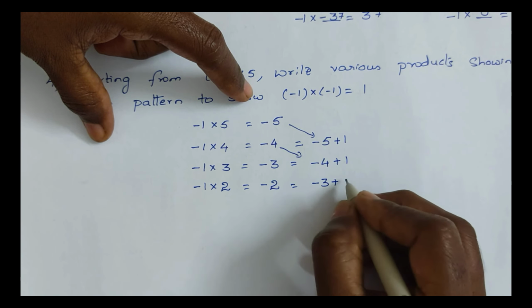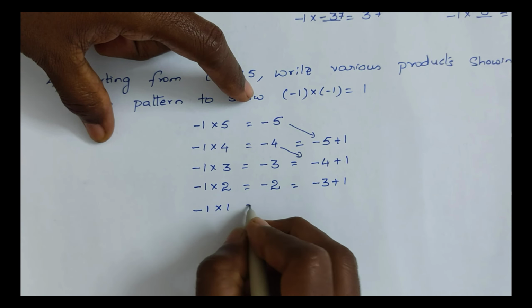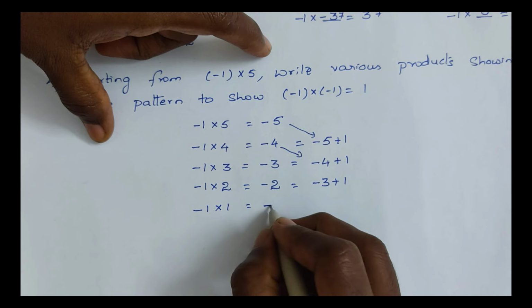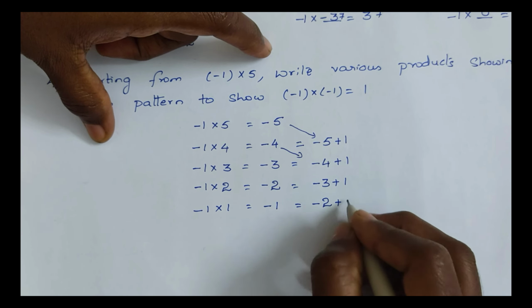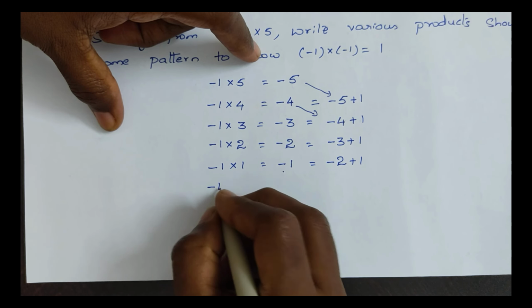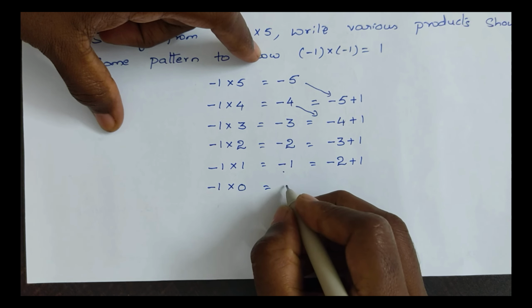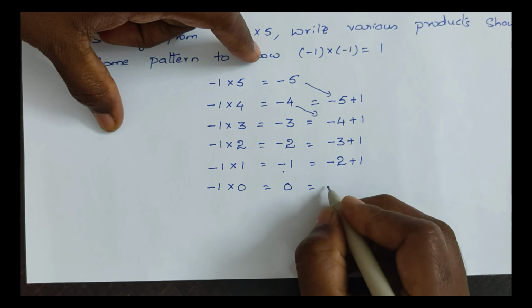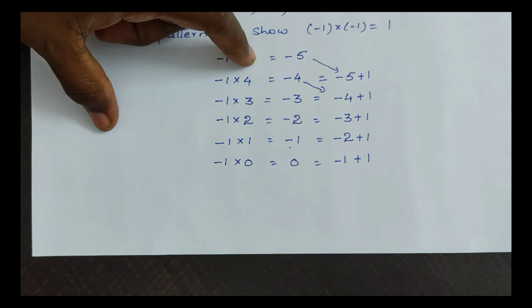Minus 3 plus 1. Next, minus 1 into 1 is minus 1. So, minus 2 plus 1 gives you minus 1. Next, minus 1 into 0 is 0. So, how do you get that? Minus 1 plus 1 also gives you 0.